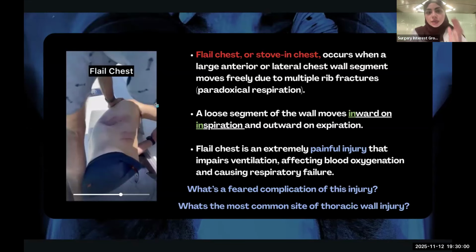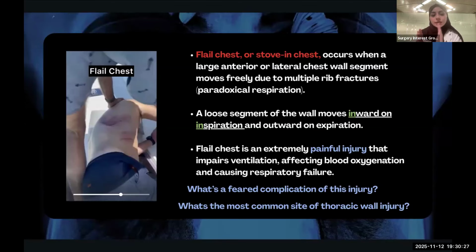Now, the thing about this is that it's not supported by anything anymore. The bone is not supporting it with the entirety of the thorax or the chest cavity, which means that this piece of bone, multiple pieces of bone, the multiple broken ribs, are going to stay in place. This is something that people often mistake, but they don't move, they stay in place, which will cause a paradoxical respiration. Why?